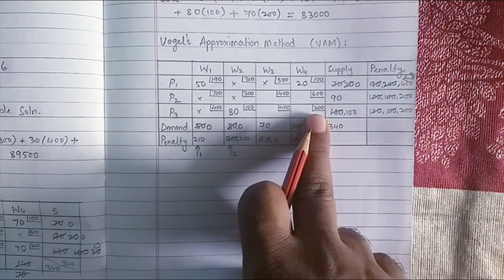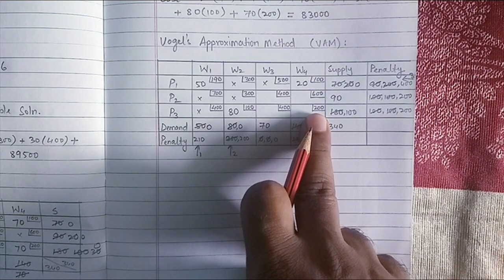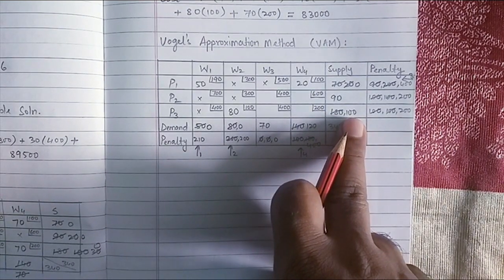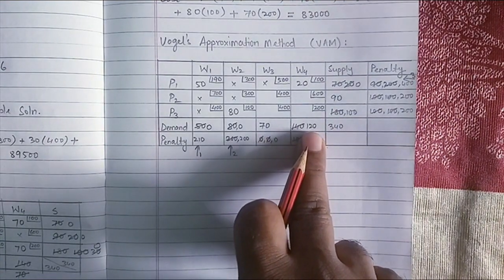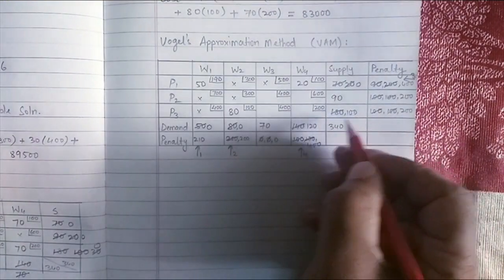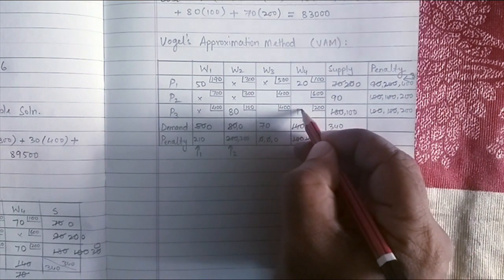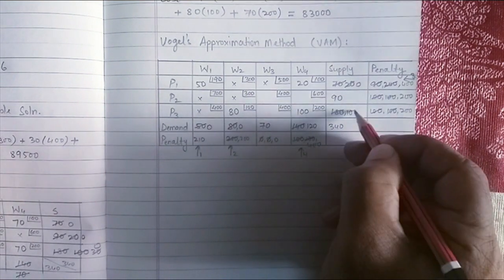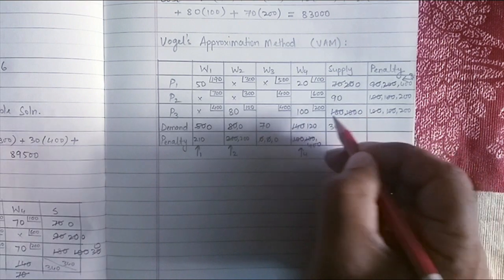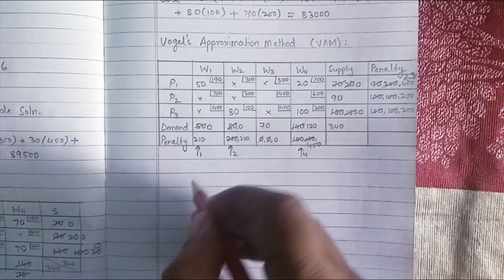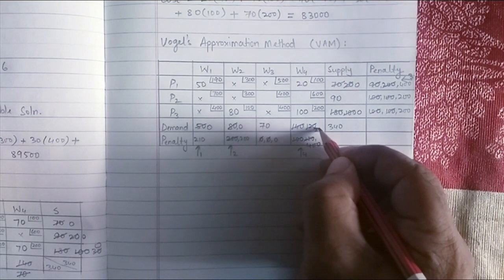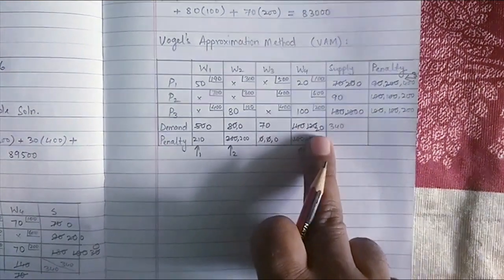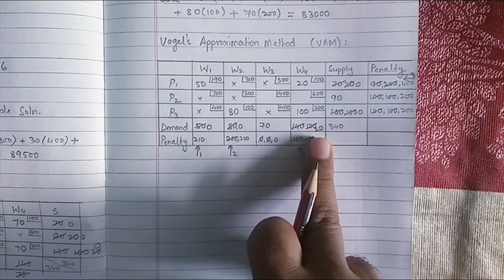In the least cost cell, 100 units to be in the supply and we have 120 here. So I will allocate 100 units. This will complete this row. So I'll put a cross here. Subtract 100 from here. I get 20, which is remaining.